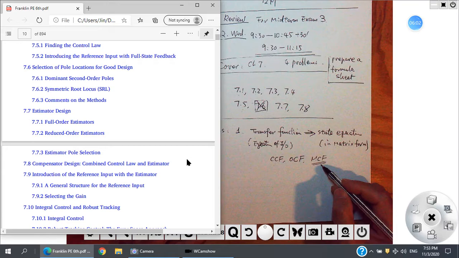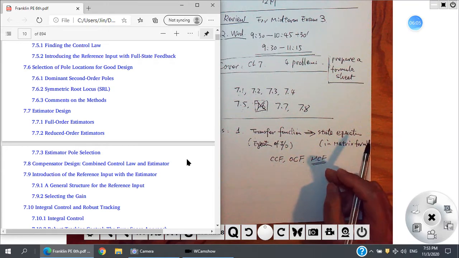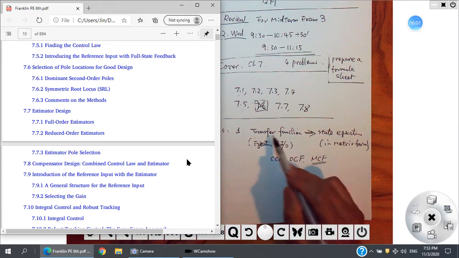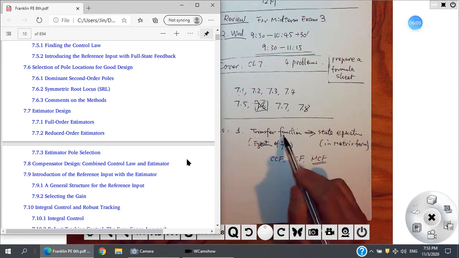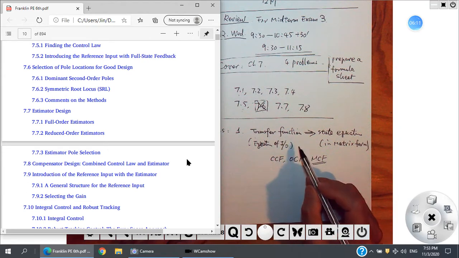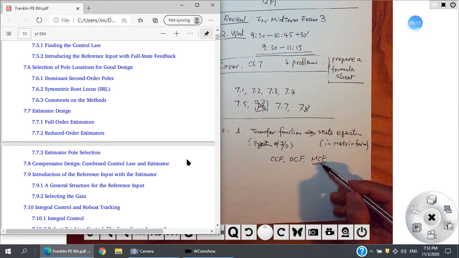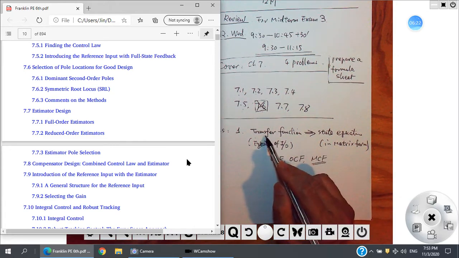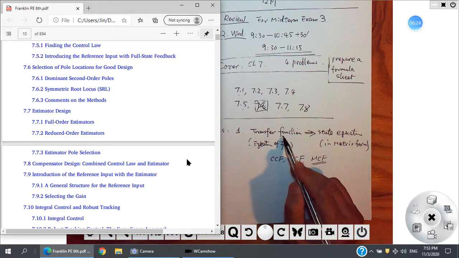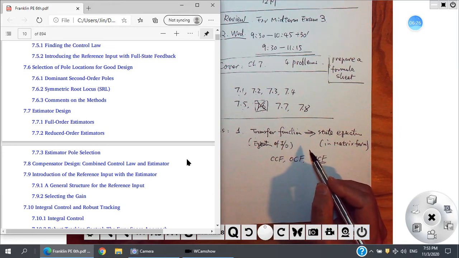Second, when you separate the transfer function as a summation of several parts, you can put them in different order, and that will make the matrix look different. Also, when you separate the transfer function into different parts, you have more than one way to separate them.